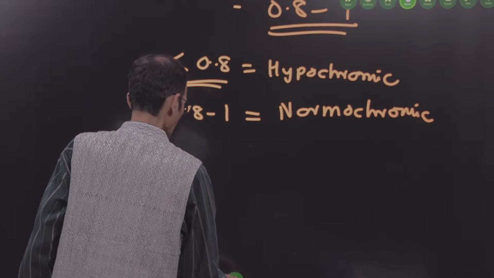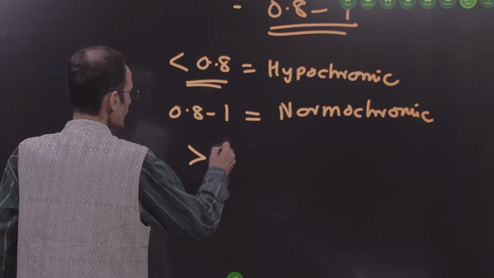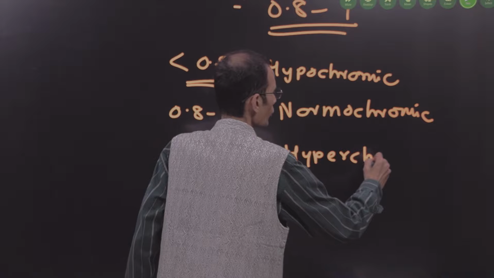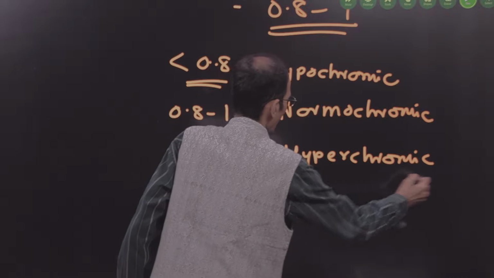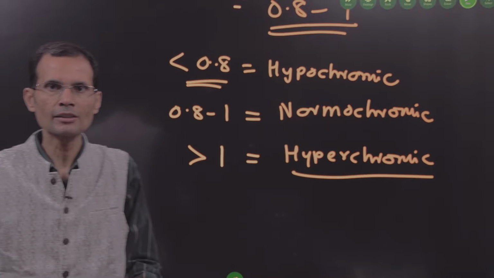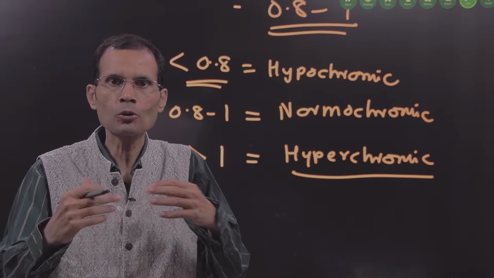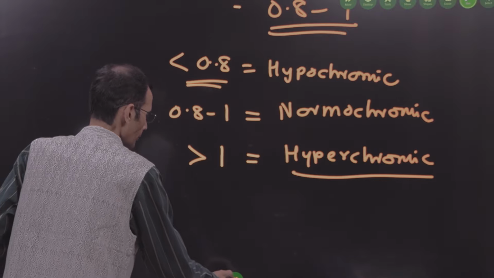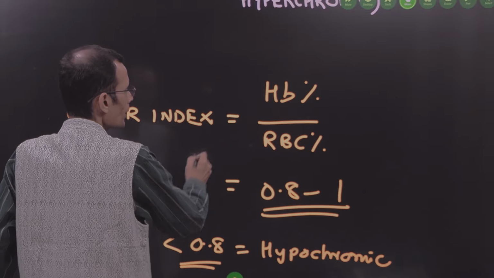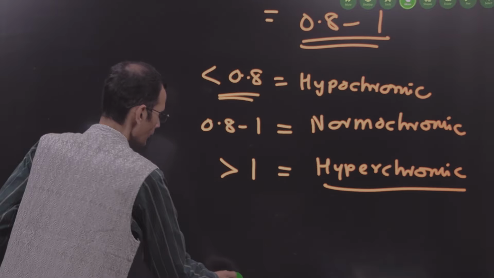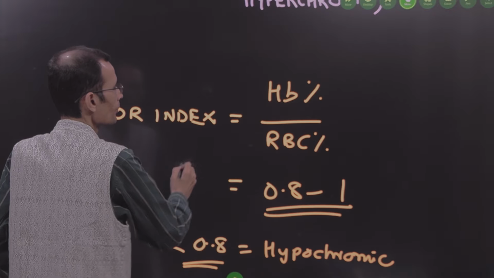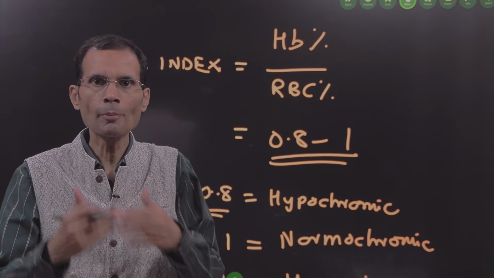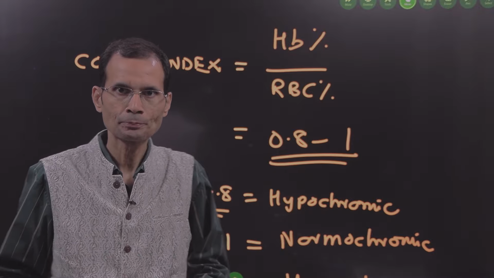And now the interesting part. If the value is more than 1, then it is hyperchromic anemia. And the question most commonly asked is whether hyperchromic anemia is practically possible. Well, yes, it is possible. If the value is more than 1, that means the numerator is more and the denominator is relatively less.